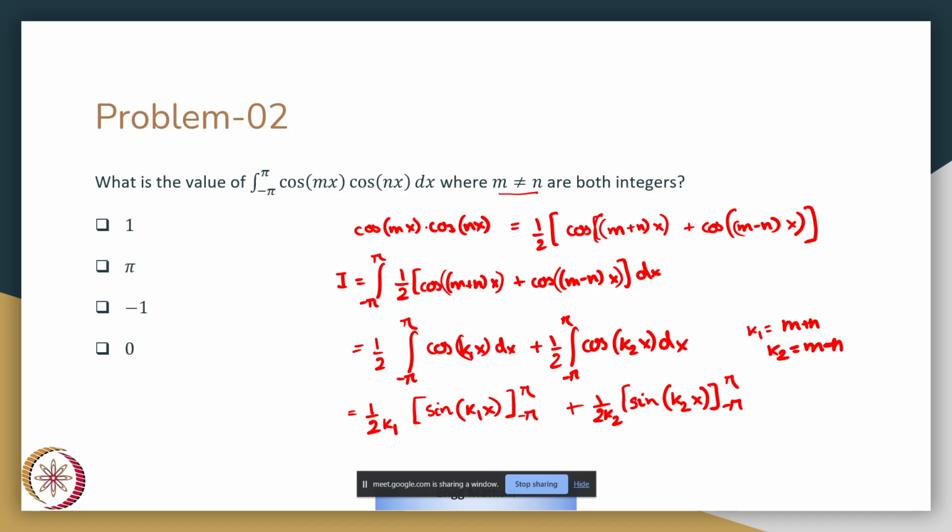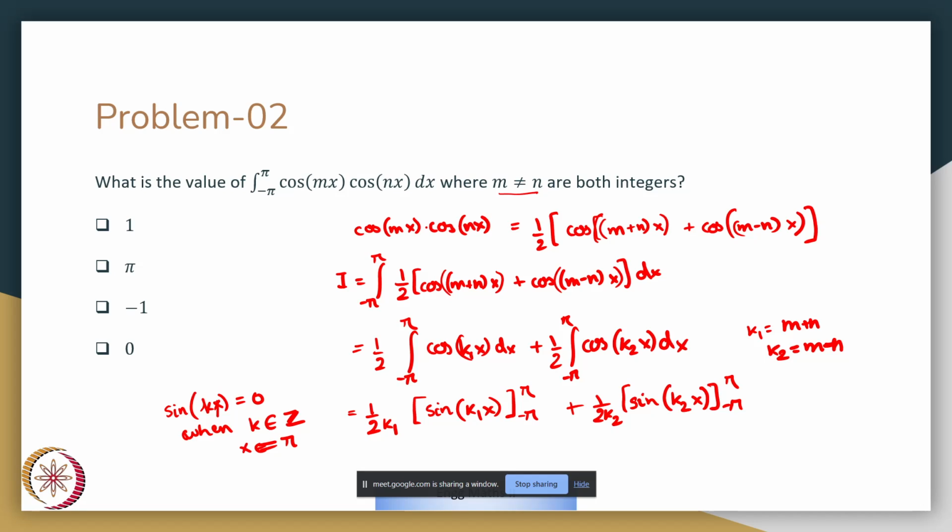We know that sine of kx is equal to 0 when k is an integer and x is pi.